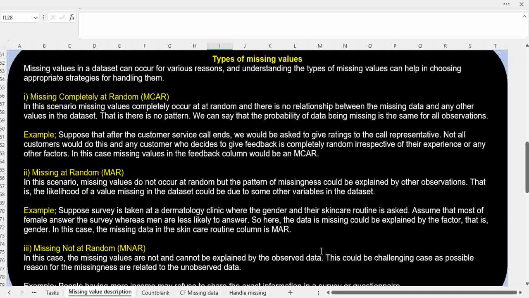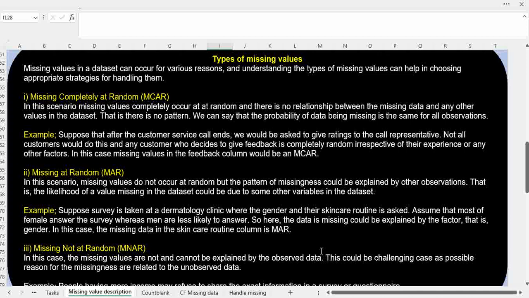For example, if you call a call center for support, after the conversation the call center decides to share a survey with you, and you may respond to this survey, or you may also not respond to it. And there is no good reason for you not to respond.